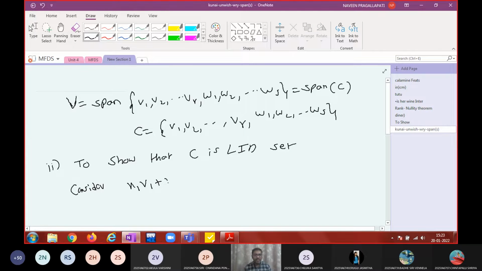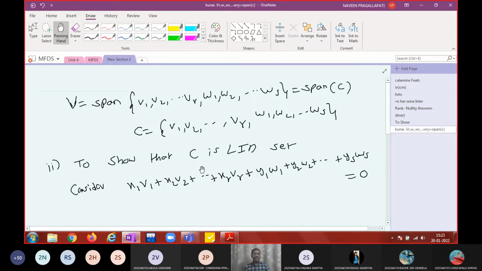X1 V1 plus X2 V2 and so on plus XR VR plus, let us say, Y1 W1 plus Y2 W2 plus and so on plus YS WS. Consider this linear combination is 0.